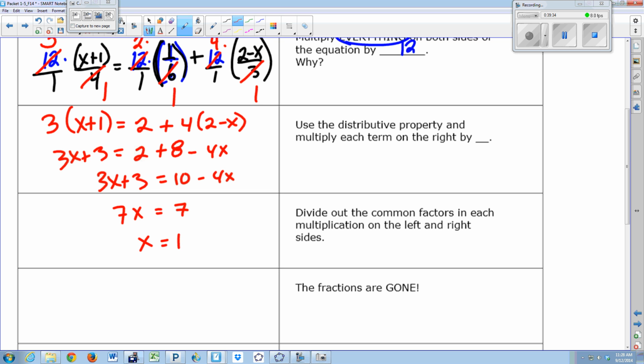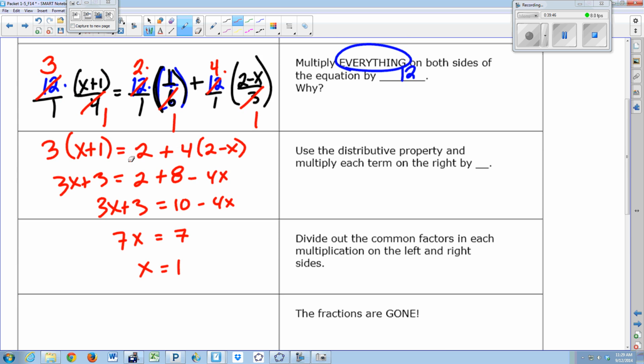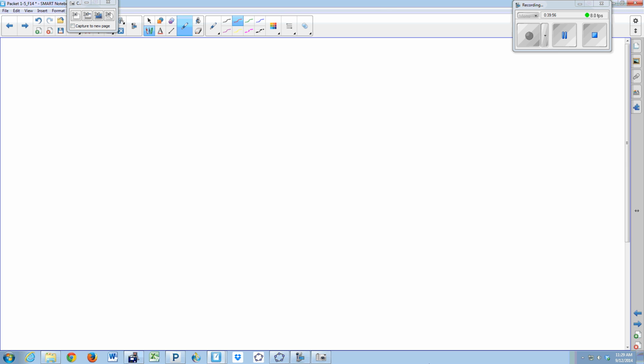Any questions on this? Yep, Katie? What dividing? You mean the fractions when I multiply that by 12? Okay, so this is where passing the arithmetic test is really critical.